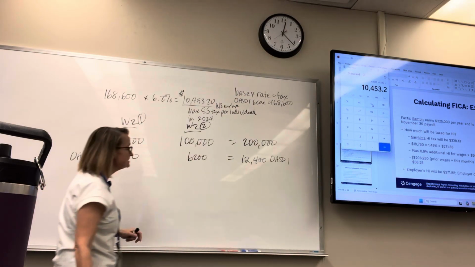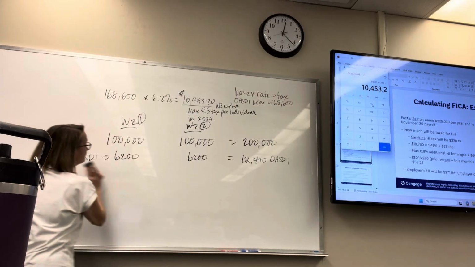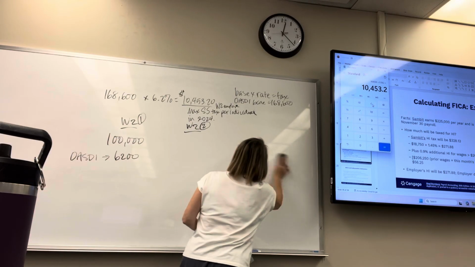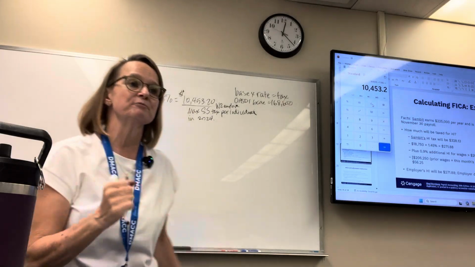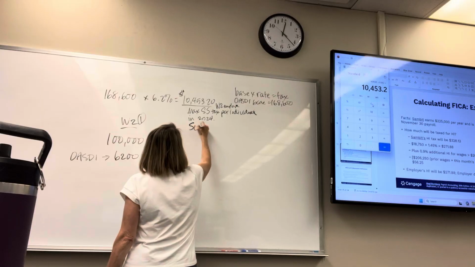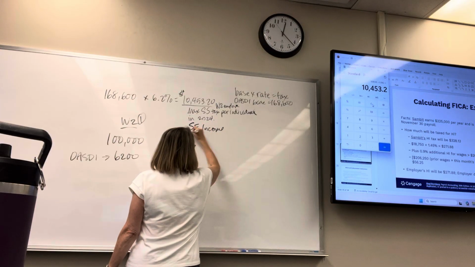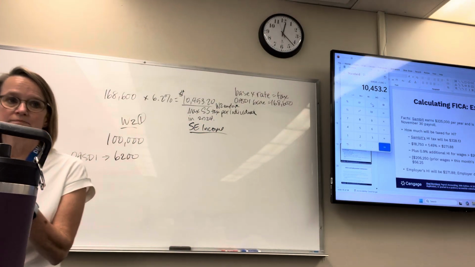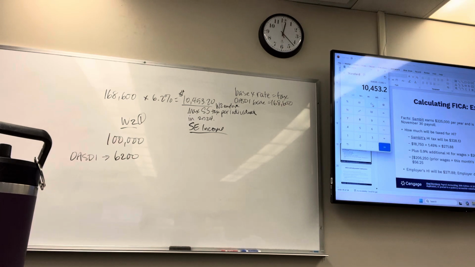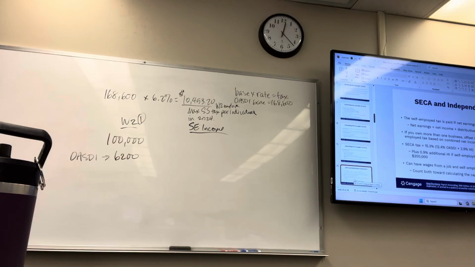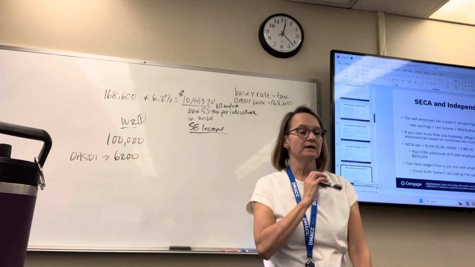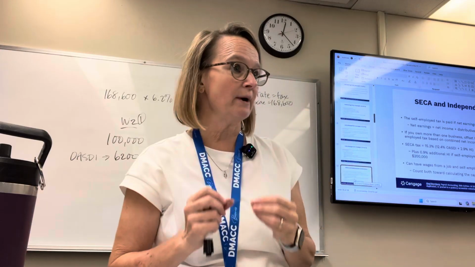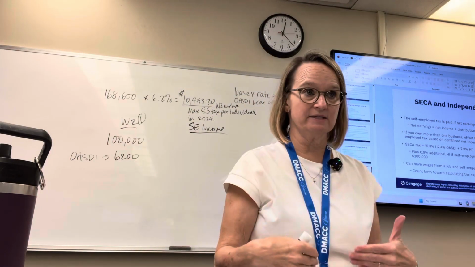But also sometimes we've not only got a job, but we've also got self-employment income. We have a side hustle. Right? A lot of people have side hustles. So when we have a side hustle, it is up to the individual to calculate correctly how much self-employment tax they owe.